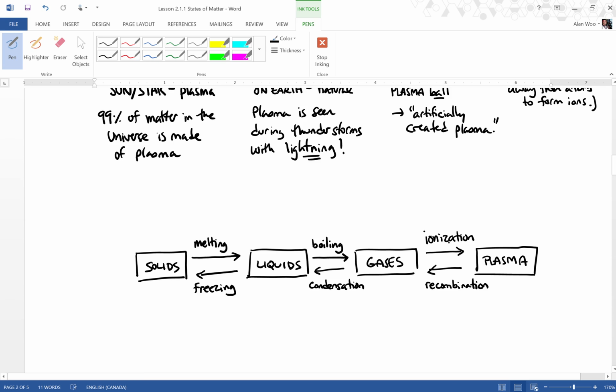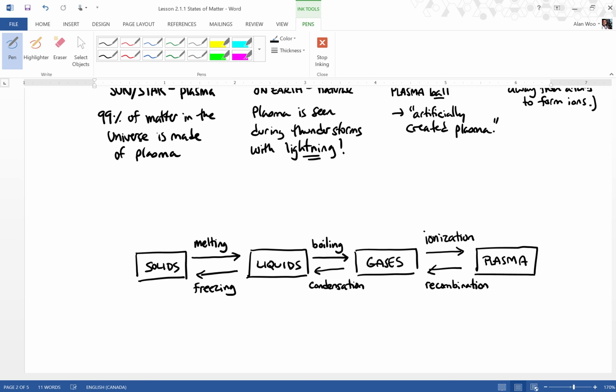Maybe not so much for ionization and recombination, but definitely boiling, melting, condensation, and freezing. Okay. Now, before I end everything, there are actually two other processes that you may or may not have heard of. I'm betting you haven't.